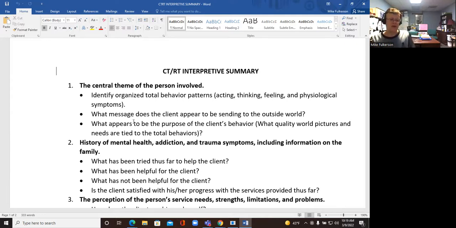What appears to be the purpose of the client's behavior? So in other words, what quality world pictures and needs are tied to the total behaviors? One way to gather this information is to ask the person, what did you expect to happen when you made this decision? Or what did you want to happen?